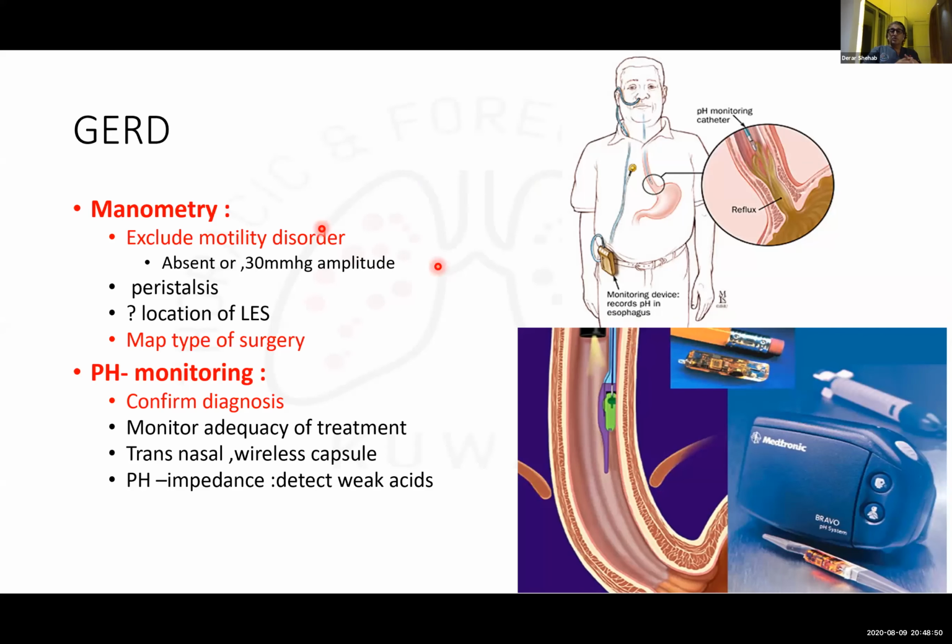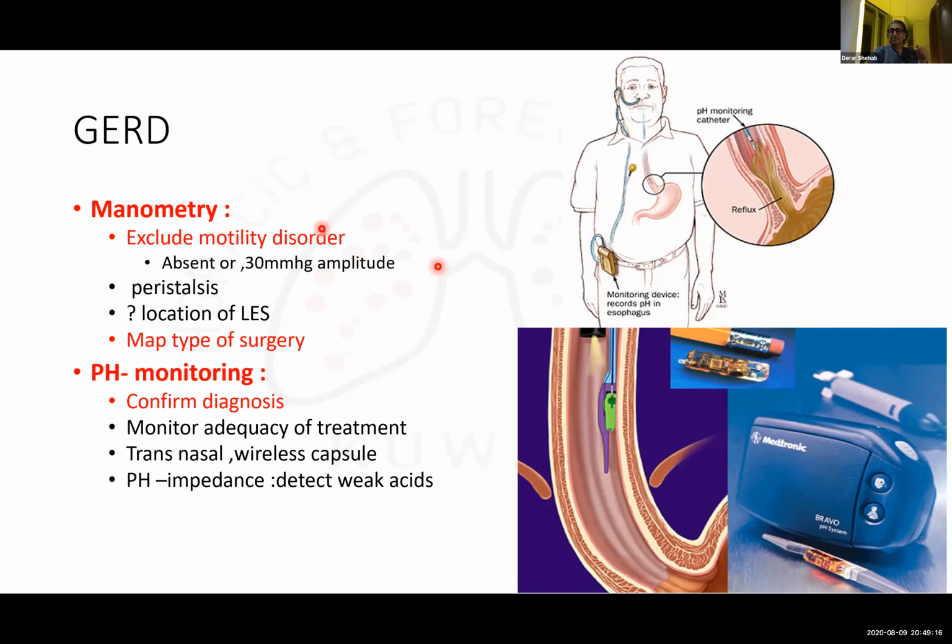In any GERD patient, I usually ask for manometry. I want to rule out an underlying motility disorder. And then, again, I want to map and plan my surgery properly. To confirm your diagnosis, ask for pH monitoring. So for pH monitoring, we have 2 devices available in the market.